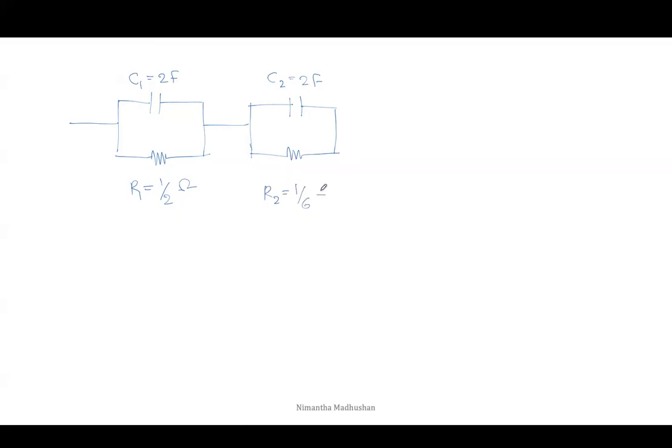Then the final circuit will be this: first Z1, a capacitor and resistor connected in parallel, half ohm, and this one is Z2, the second impedance. C2 is 2 farad and R2 is 1 over 6 ohm.